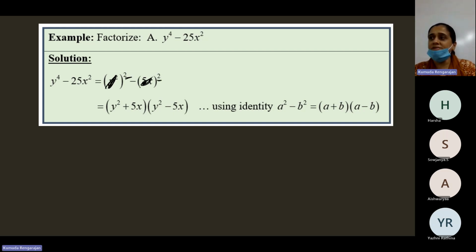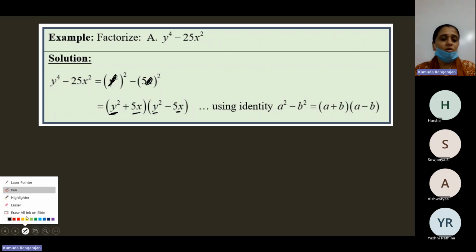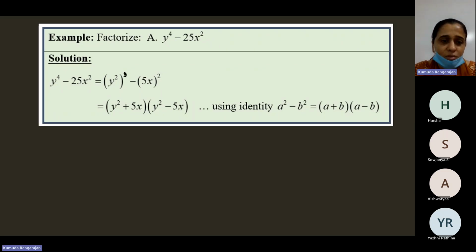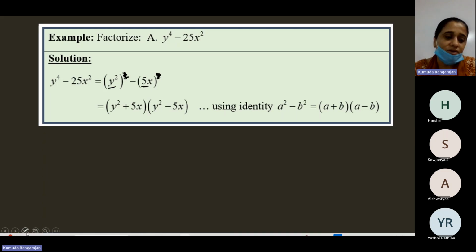So how do you factorize it? A square minus b square is a plus b into a minus b. What is a? This is a plus b into a minus b. Cover the square, don't take out the square. This is only a. This is b. So y square plus 5x into y square minus 5x.